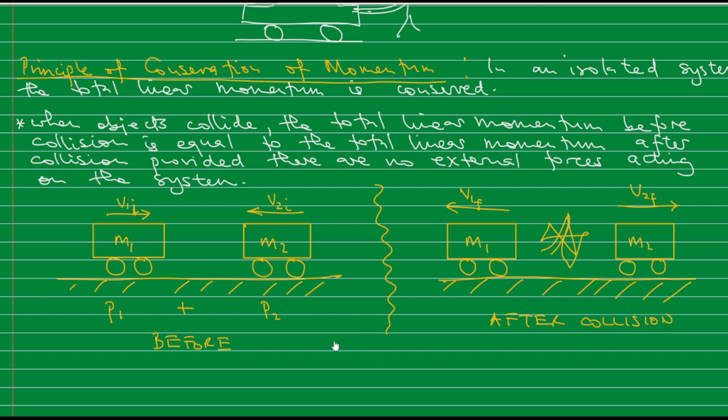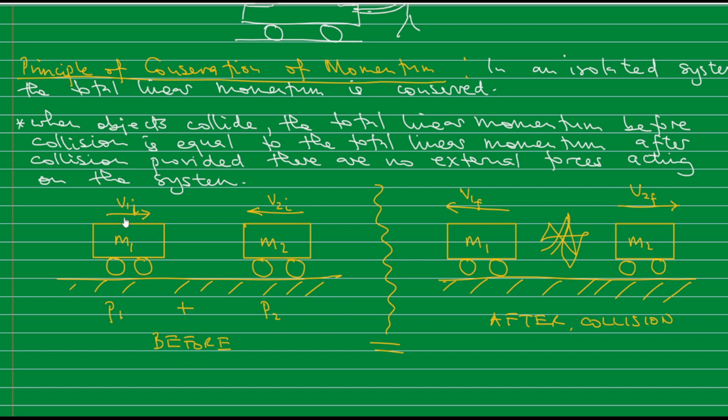So what we are basically saying is that the total momentum before they collide will be equal to the total momentum after collision. That's what we are saying in this statement. When objects collide, the total linear momentum before collision is equal to the total linear momentum after collision, provided there are no external forces acting on the system. That is an isolated system.